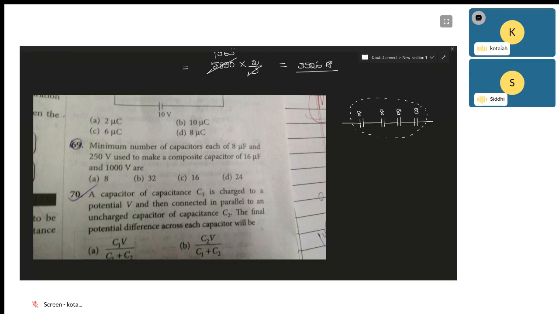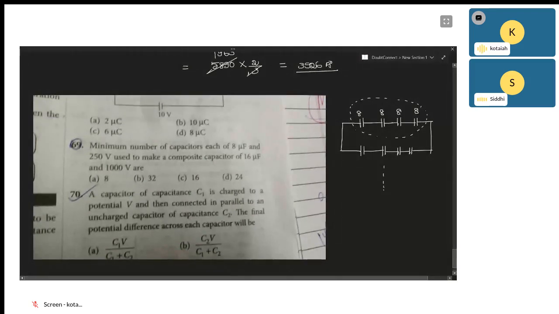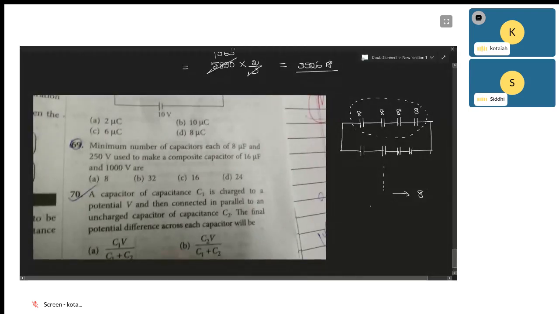In capacitors, to add the capacitance, you have to take the capacitors in parallel, right? So one more branch here. Like this, 8 times you can do. Likewise 8 branches. In each branch, how many capacitors are there?